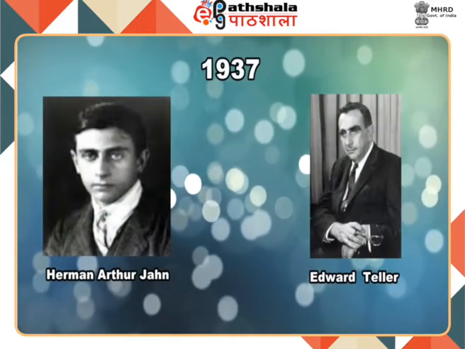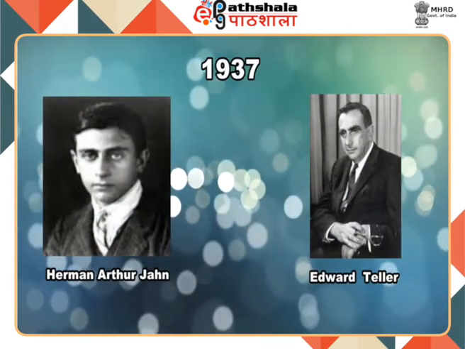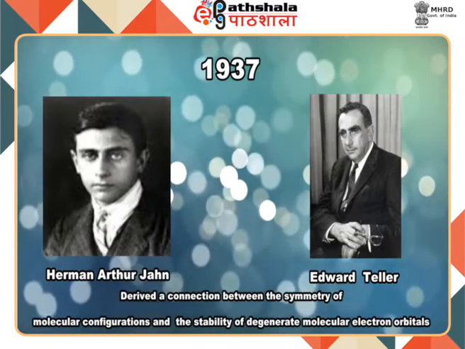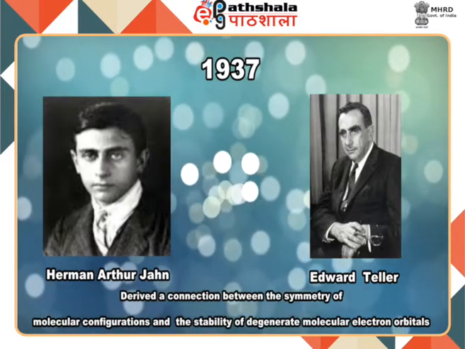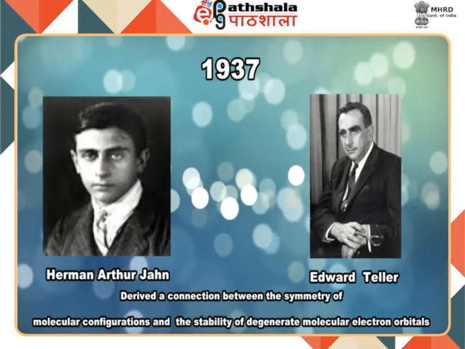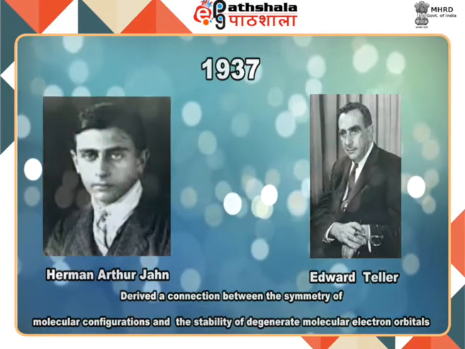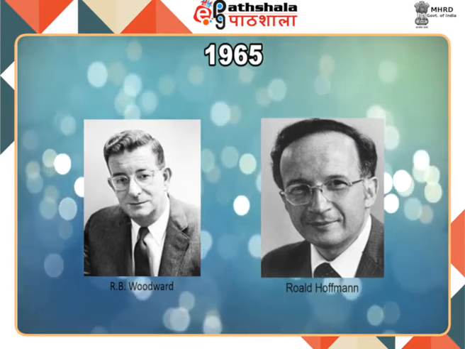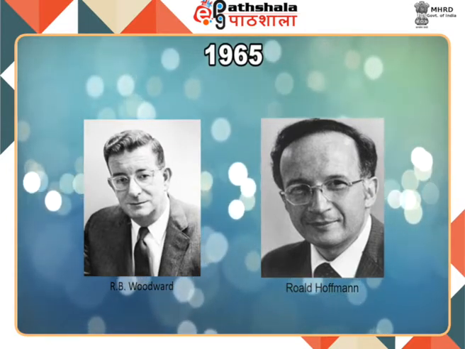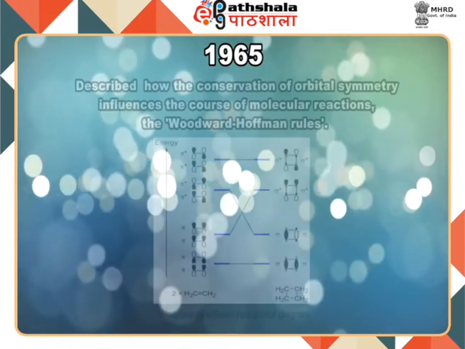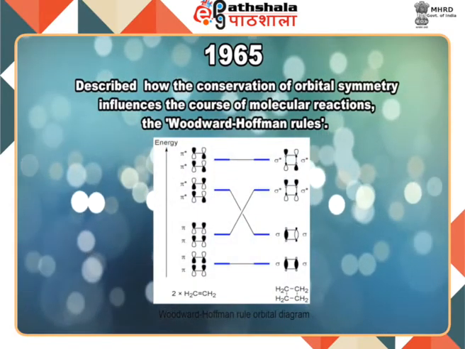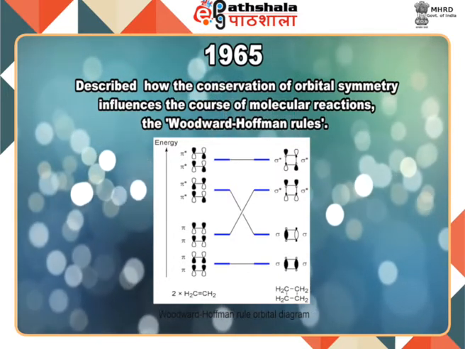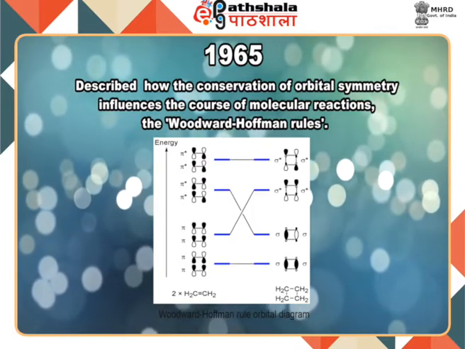In 1937, H. A. Jahn and E. Teller derived a connection between the symmetry of molecular configurations and the stability of degenerate molecular electron orbitals. In 1965, R. B. Woodward and R. Hoffmann described how the conservation of orbital symmetry influences the course of molecular reactions, the Woodward-Hoffmann rules.